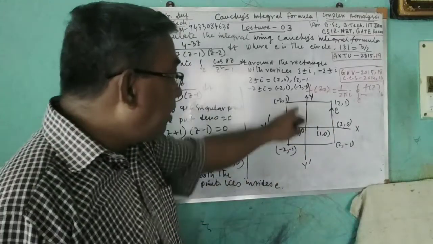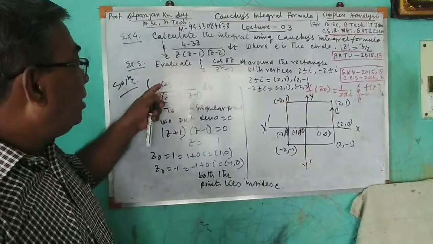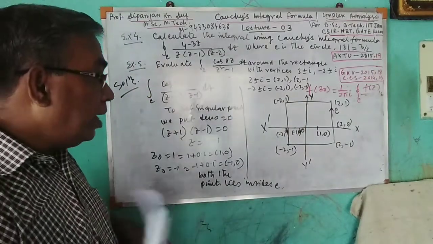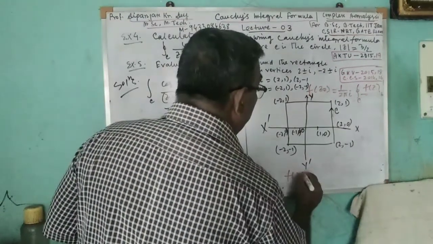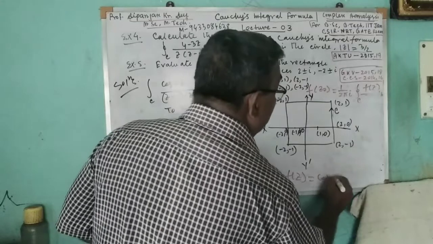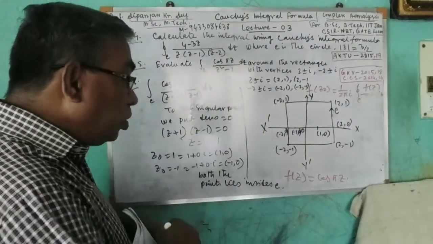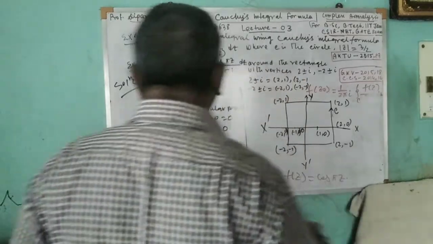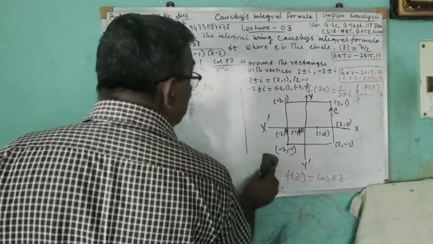So the numerator part is known as f(z). What is f(z) here? f(z) is equal to cos pi z. Now apply Cauchy's integral formula. What is Cauchy's integral formula?